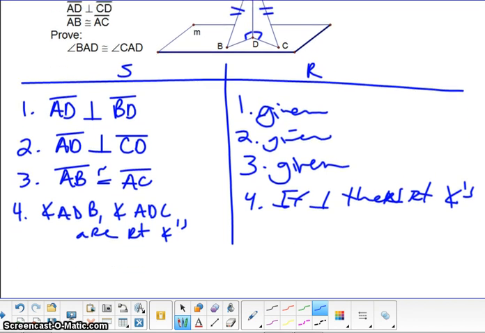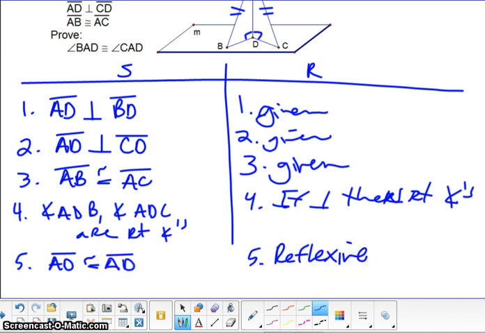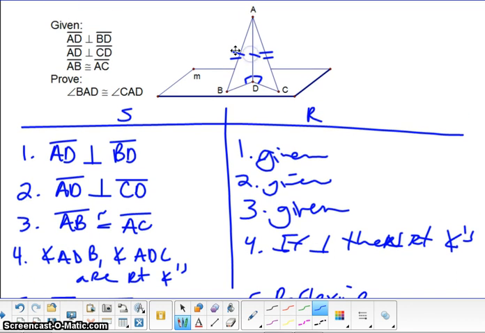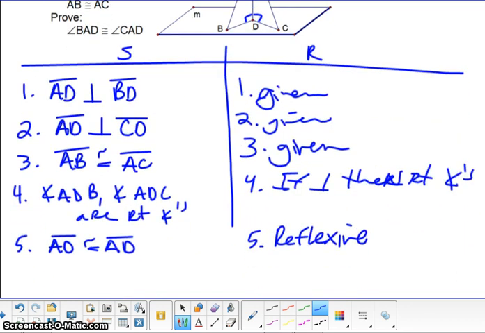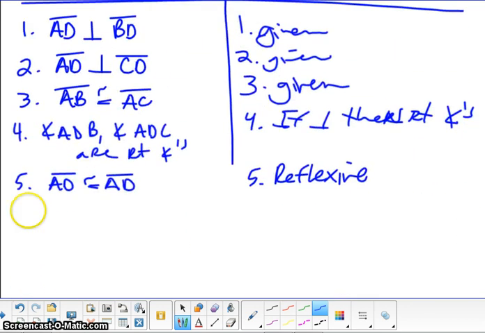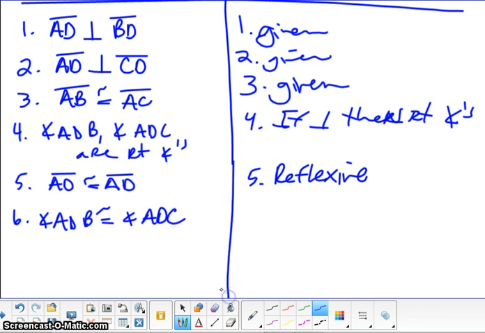And we also know reflexive, AD is congruent to AD because of the reflexive property. And if we know the reflexive property, then we have our hypotenuse and we have a leg. So the only thing left would be to say that ADB is congruent to ADC to get all three parts congruent to each other.